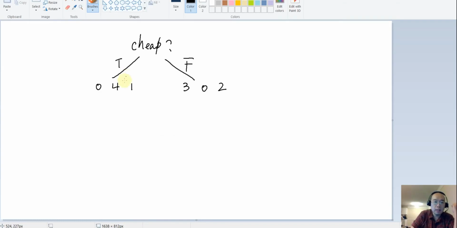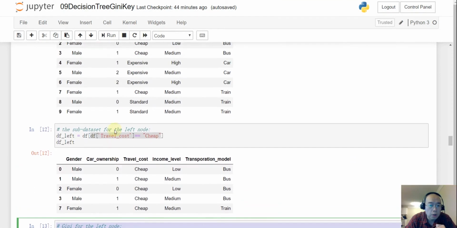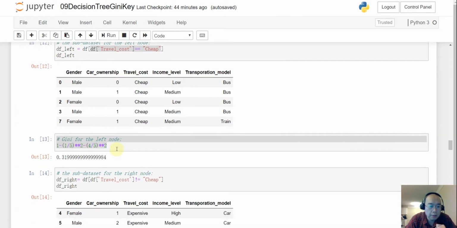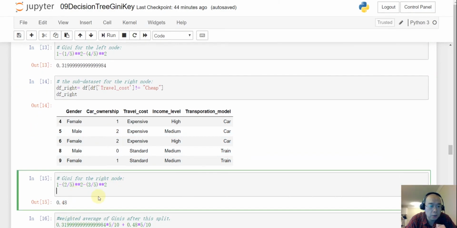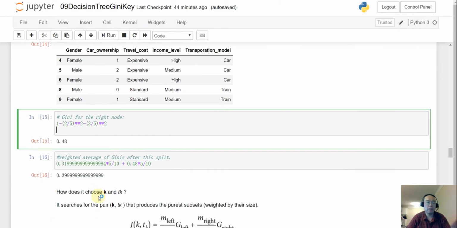In this case, we are going to calculate Gini 1 and then Gini 2, because those are the 2 Ginis after we split, on those nodes. So we calculate the first Gini and then the second Gini, the Gini on the left side and the right side.